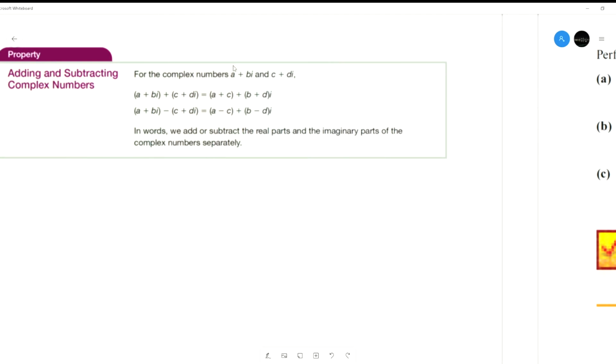Okay, so for the complex numbers a plus bi and c plus di, a, b, c, d all represent real numbers. So how do you combine them? So if I had a plus bi and I was going to combine it with c plus di, these complex numbers each are basically groups.